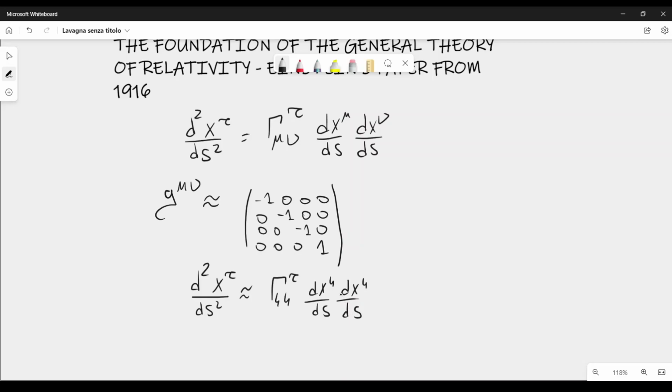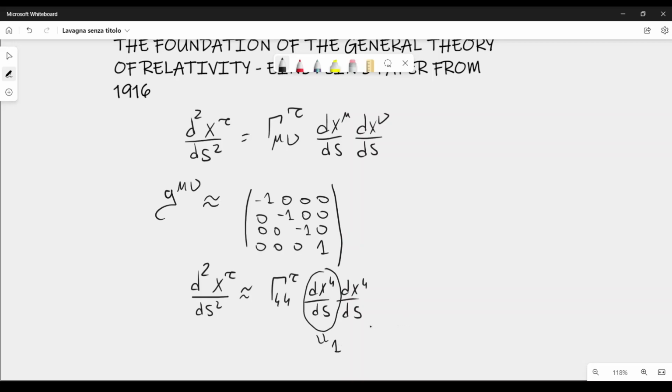Well, because as I said, velocities in the special relativity case are much smaller than the speed of light, and therefore we have to consider the differentials with respect to the time coordinate. dx4 is the differential of the coordinate related to time, and in special relativity dx4 over ds is approximately equal to 1.